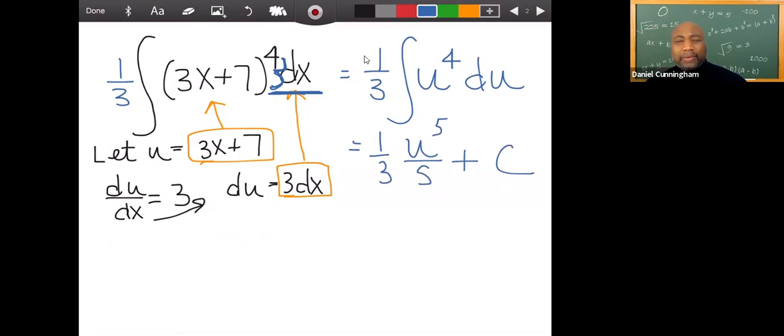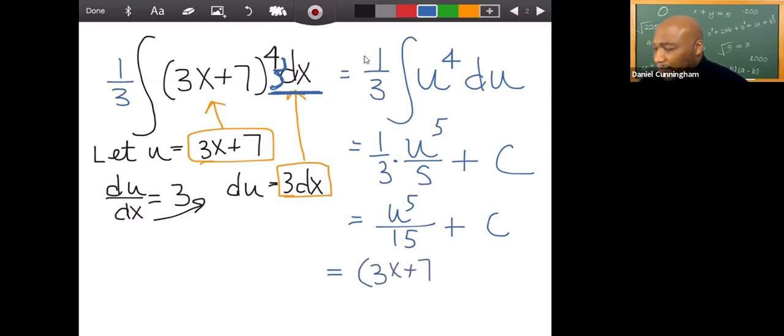Don't forget the plus c. And then we'll write this as u to the 5th divided by 15 plus c, because we multiply the fractions, and then put our final answer back in terms of x: (3x plus 7) to the 5th power divided by 15 plus c. And that's our final answer.